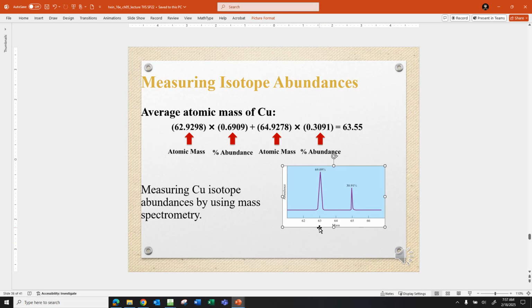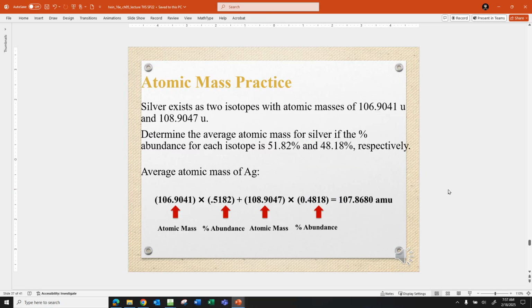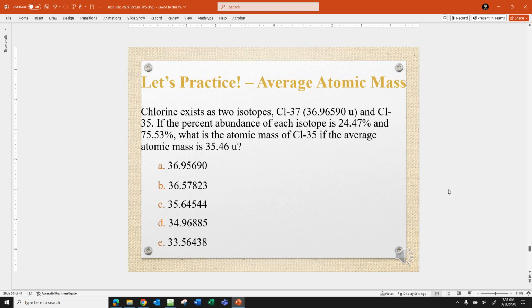Here's the mass number, here's the percentage peak. We have a mass number of 63 at this percentage, and a mass number of 65 at this percentage. You could do it either way. Here's another example. Let's practice. Stop the video, write out the isotope mass and its abundance, then do the calculation, and see what AMU you come up with.